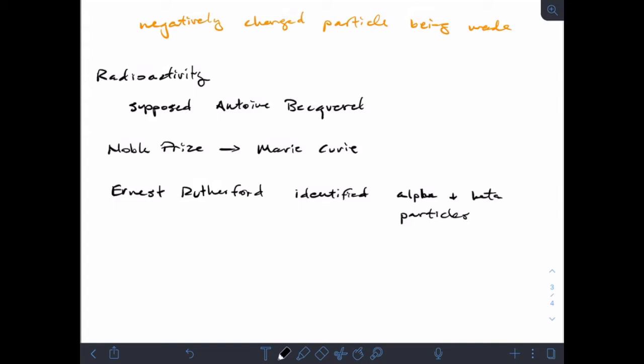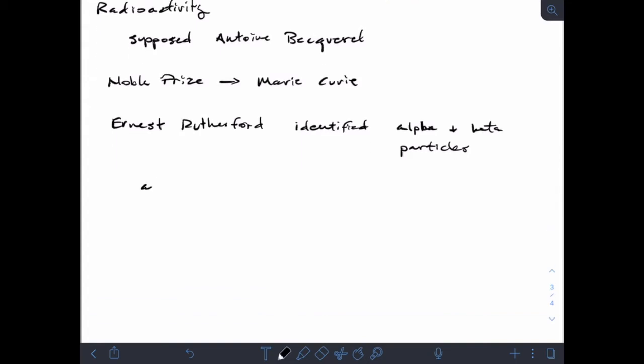Alpha particles are basically a helium nucleus. At the time they didn't quite understand that idea, but what they did know was that an alpha particle had 2 units of positive charge and the same mass as a helium atom.